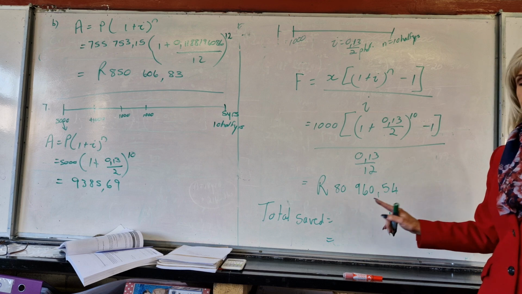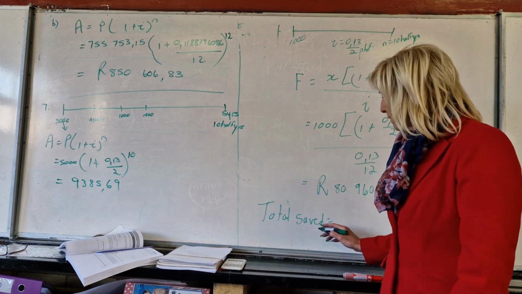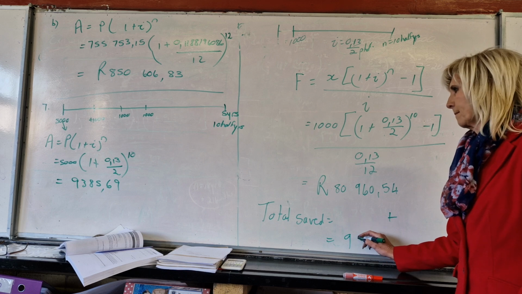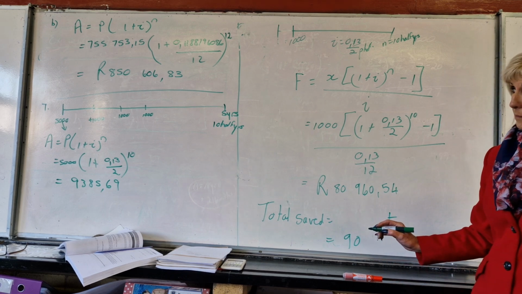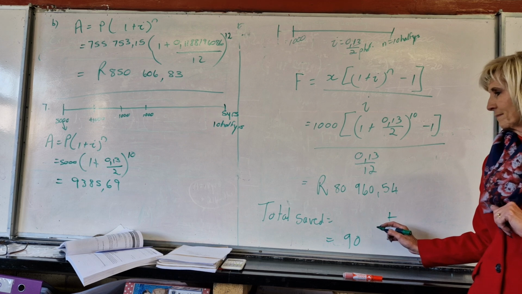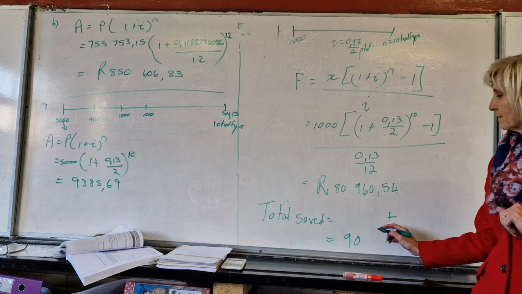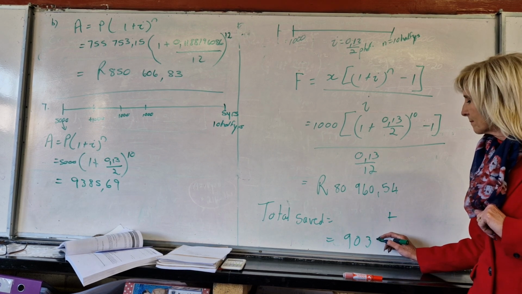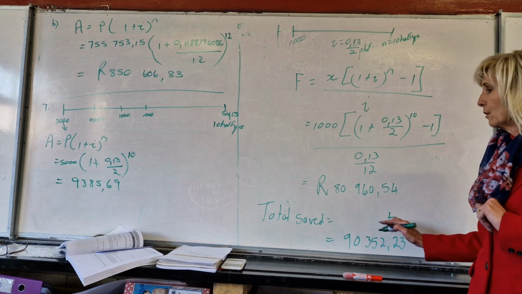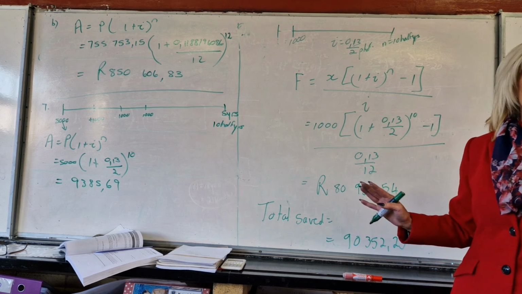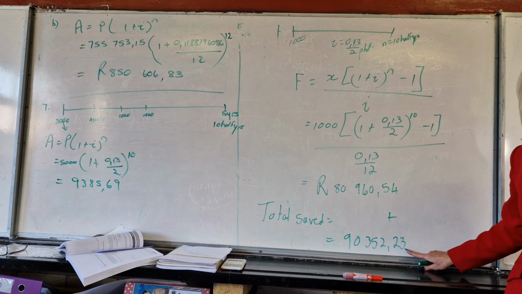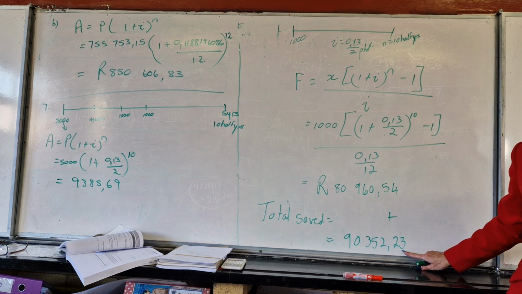Okay, so then we need to add the 80,000 and the 9,000, and what do we get? Okay, now depending on if yours was rounded off, not rounded off, added together, unrounded, whatever, it might be off by a cent or 10 cents here, and that's okay.